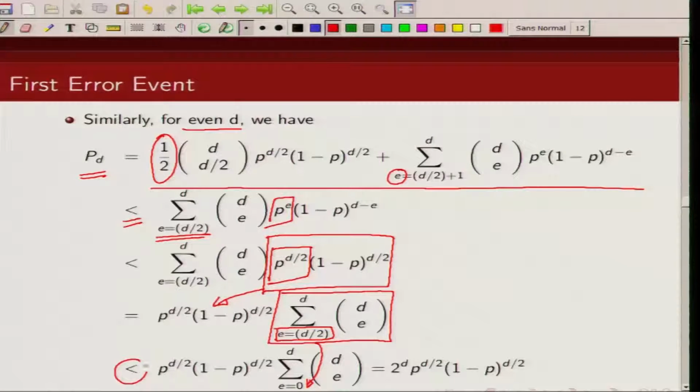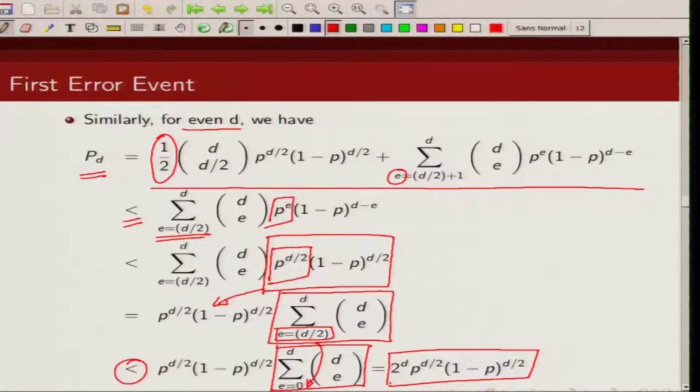Then I am upper bounding it because I am adding additional terms here. So, this quantity will be less than this quantity, and finally, this is 2 raised to power d. So, I get my expression for first event error probability for d being odd given by this expression.